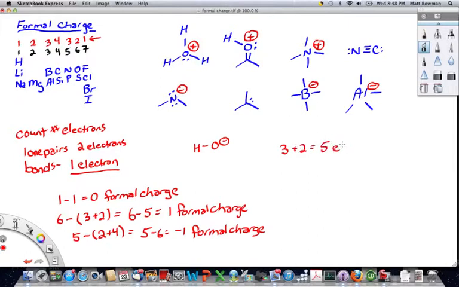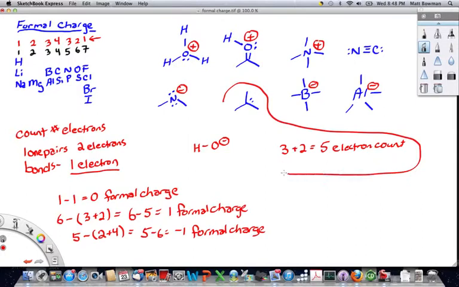That's its electron count. Carbon is in group 4. 4 minus 5 equals minus 1. So a carbon with 3 bonds and a lone pair has a negative formal charge, much like this carbon right here.